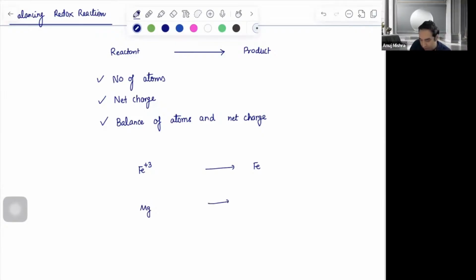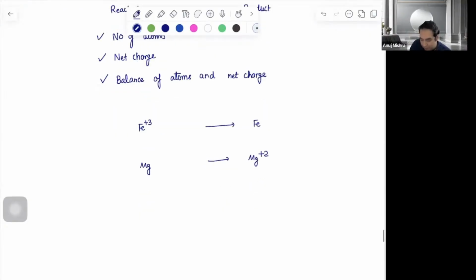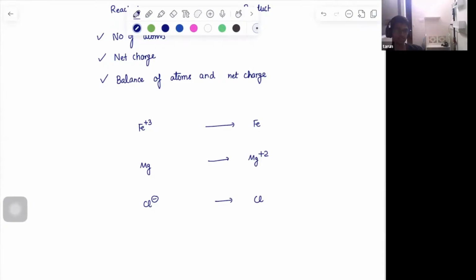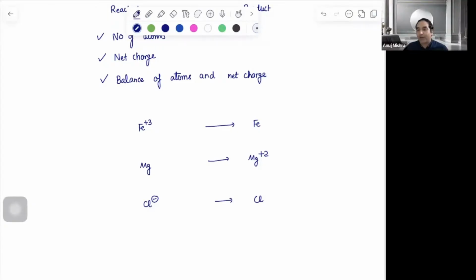Mg gives Mg plus 2. Cl minus gives Cl. How will you balance? These are very simple examples. By adding electrons. Yeah, you have to add electrons on one side or the other, right? So just see how we write these reactions. Do it quickly.